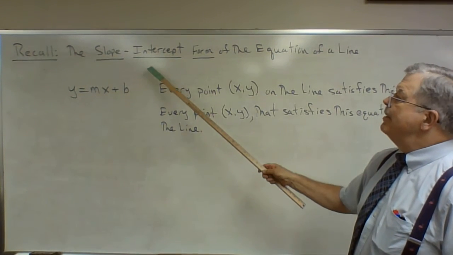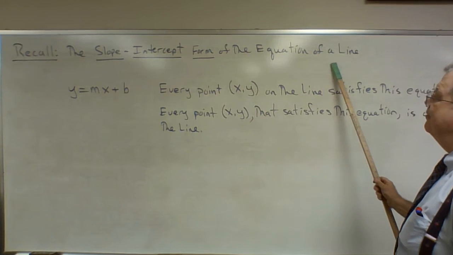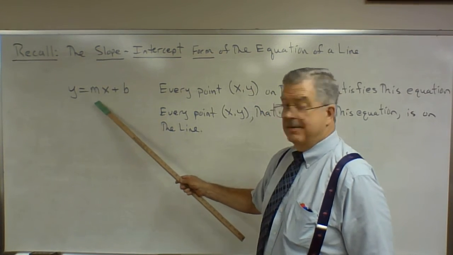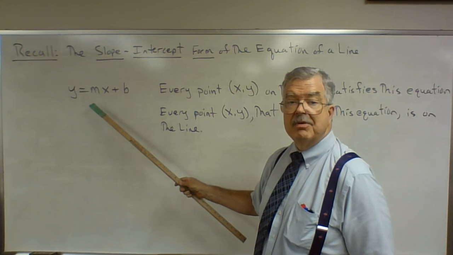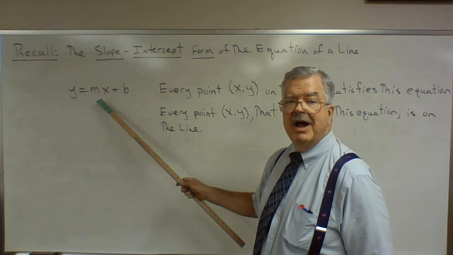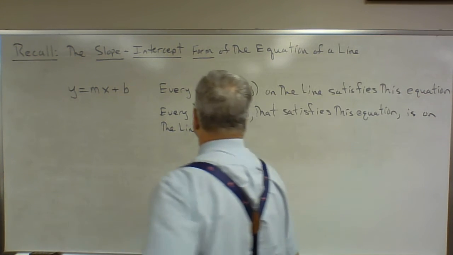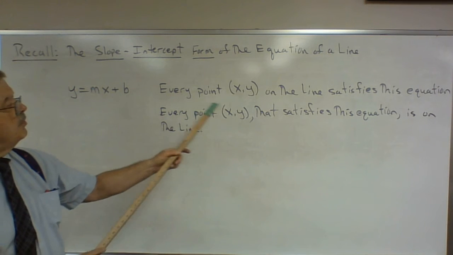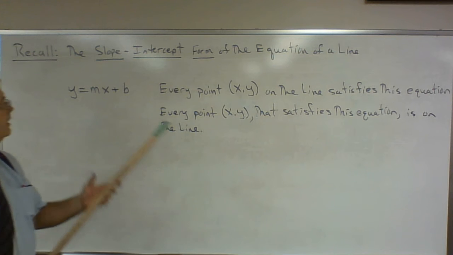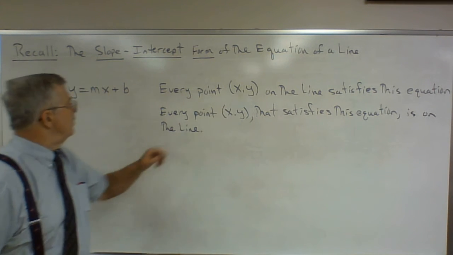Next, we want to remind ourselves of the slope-intercept form of the equation of a line. And this is it. This is the slope-intercept form of the equation of a line. And I'll tell you something. Every point xy that's on the line satisfies this equation. We plug x and y in here.